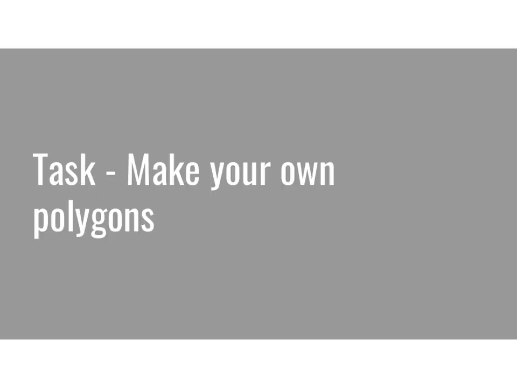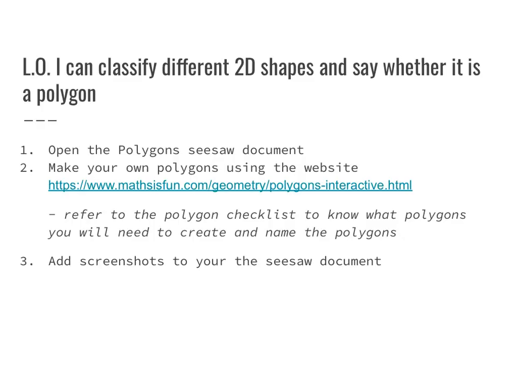Now, your task for today is to make your own polygons. Your task is being assigned in Seesaw. Go to Seesaw, open the document, and you can find the instructions on the first page. Click on the link that is given to you.